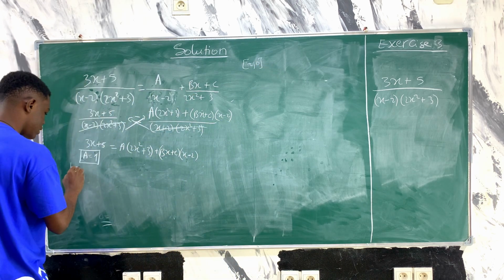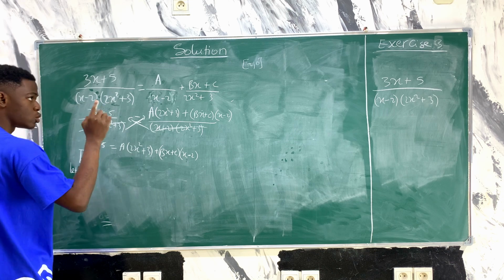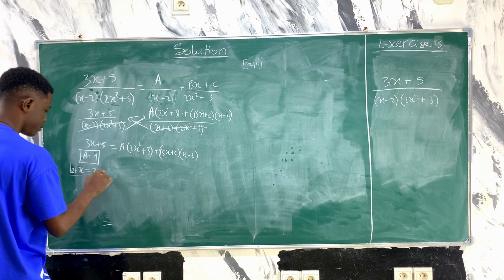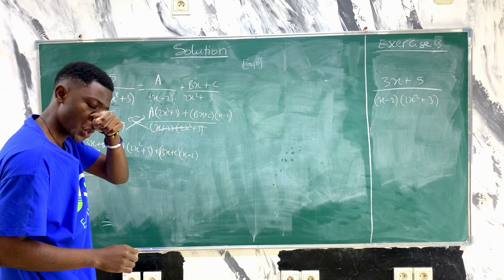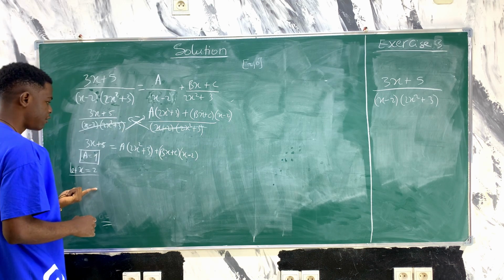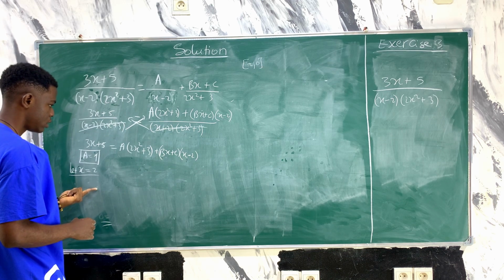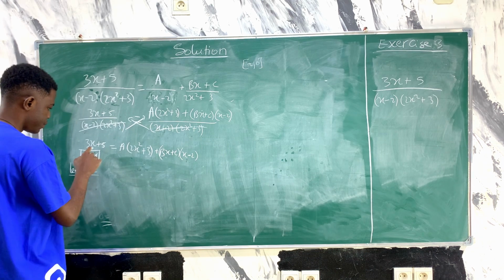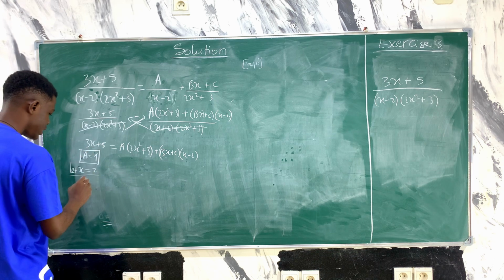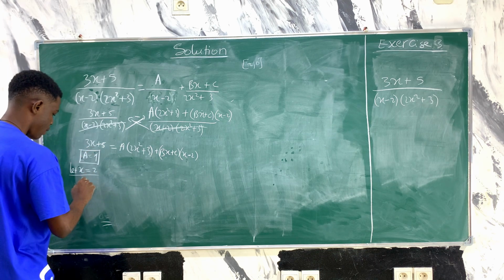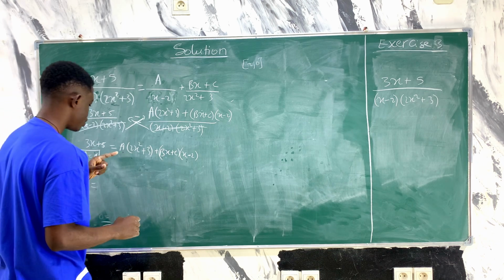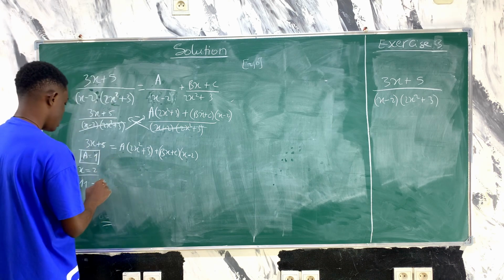Firstly, I will let x be equal to 2. Letting x be equal to 2, I will have here, I'll put x here, I have 6 plus 5 is 11. 11 is equal to 11a.